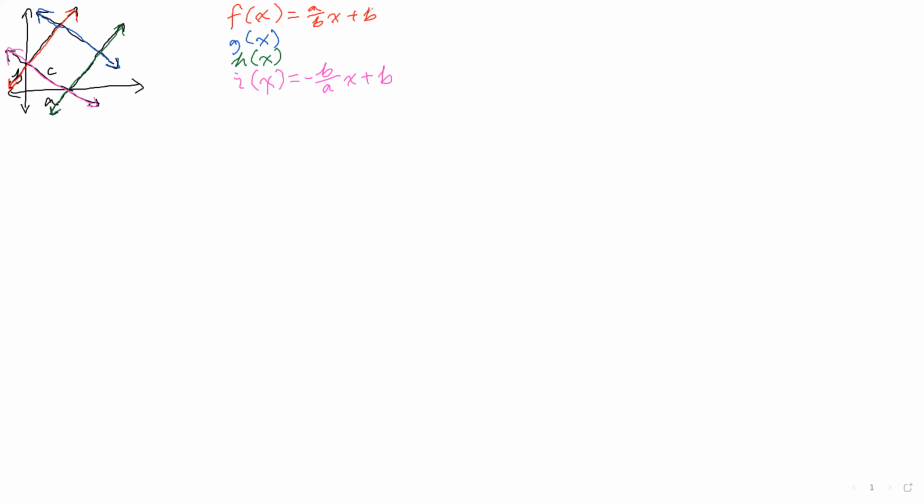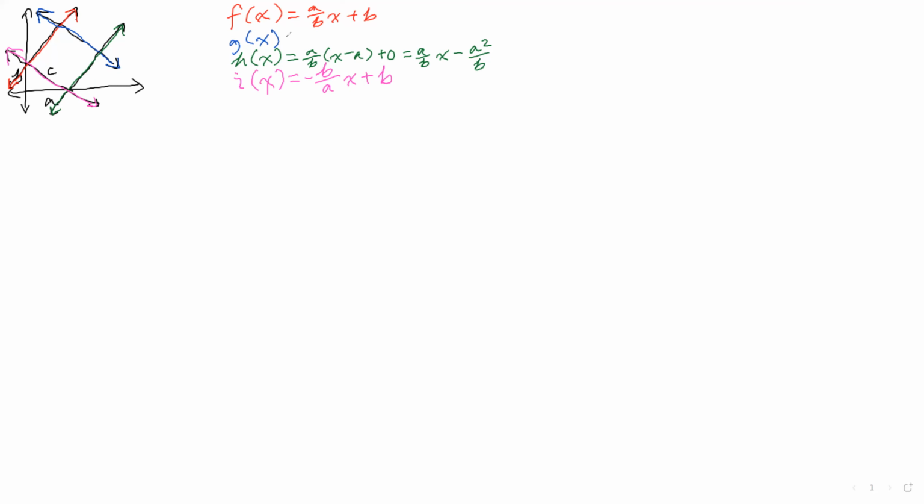And then h of x, it's parallel to f of x, but instead of the y-intercept at b, it has the x-intercept of a, so you can just write that in point slope form. So a over b times x minus a plus 0, which is obviously equal to a over b x minus a squared over b.